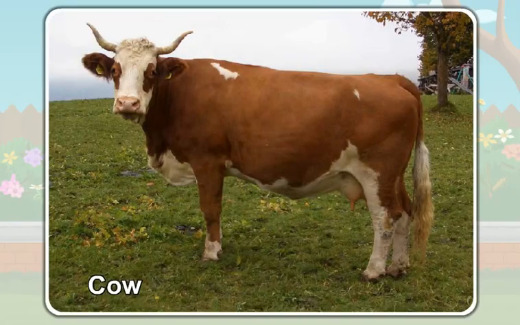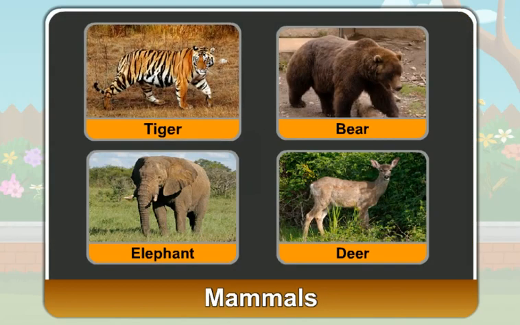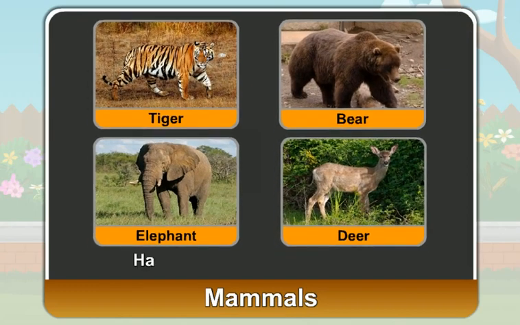Again, let us look at the body of a cow. It has a head, a neck, a trunk, and a tail. The body of mammals, like a tiger, a bear, an elephant, and a deer, also have a head, a neck, a trunk, and a tail.